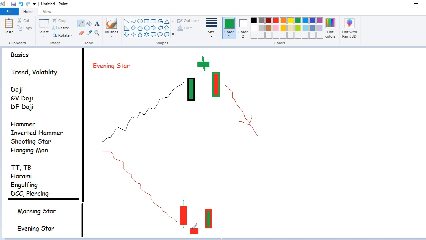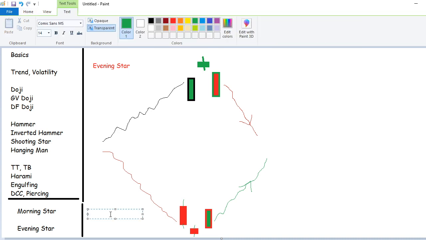Downtrend, as usual a red candle, then gap down open, small red candle. All of a sudden, gap up open, and there is a green candle. That shows bulls are entering the market, or bulls are trying to dominate the session. Bulls are showing their presence. So from here, if the stock takes a reversal, it can go up to the same level from where it started coming down, right? This is called morning star. So this is also a reversal indication.